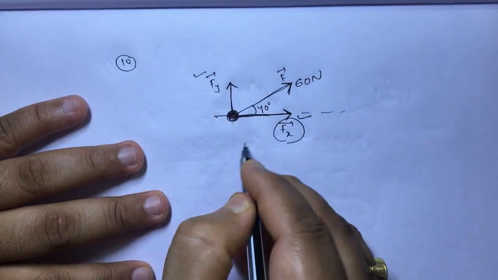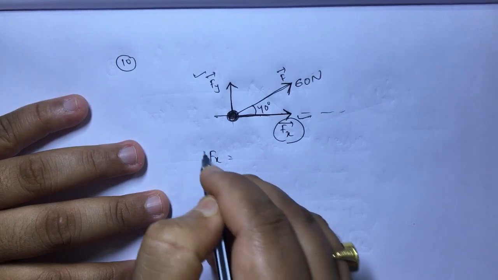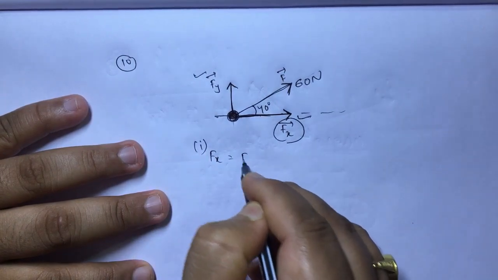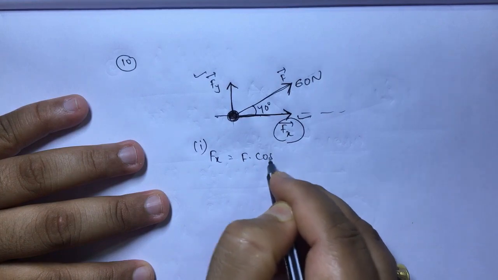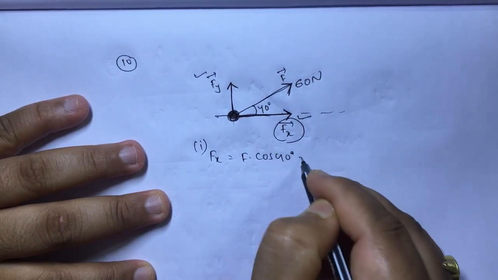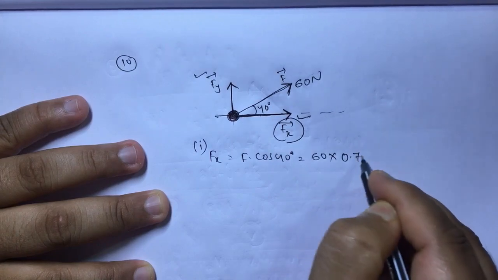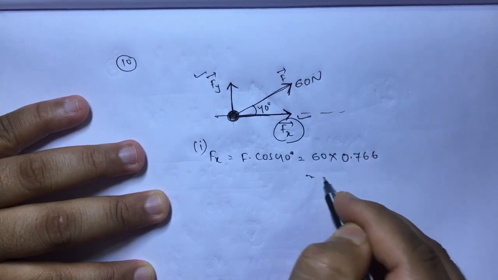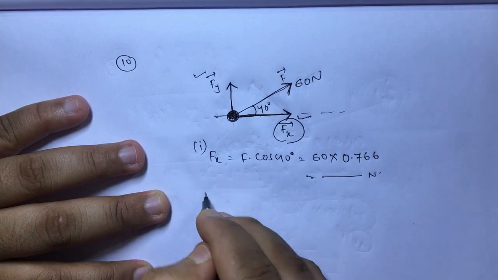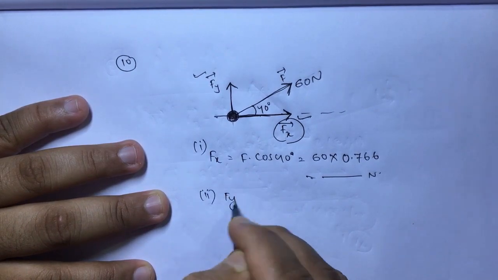Very simple, you can use the formula: Fx will be equal to F into cos 40 degree. F is 60, and the cos 40 value is given in the question, you can take that value as 0.766 and you will find the answer. Now how to find the value of Fy?